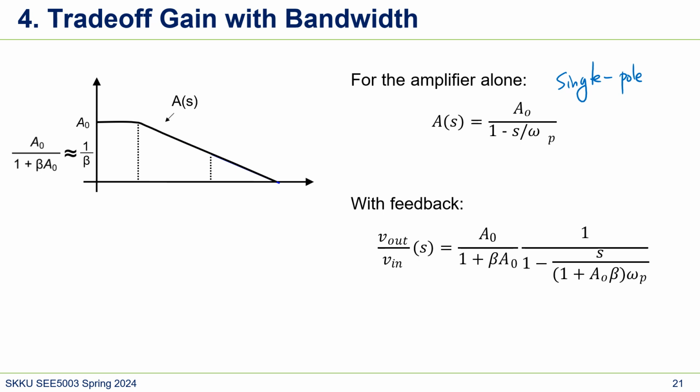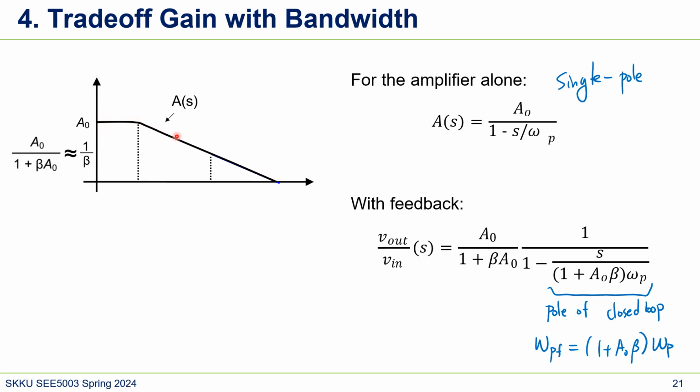And then the interesting part is that our pole is changed. So the pole of closed loop is w_pole_F. That's just a feedback, and that's 1 plus A0 beta times w_pole_P, which is the original pole. So let's see this Bode plot.